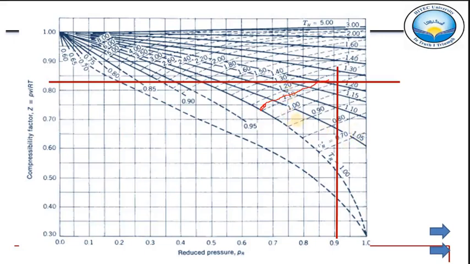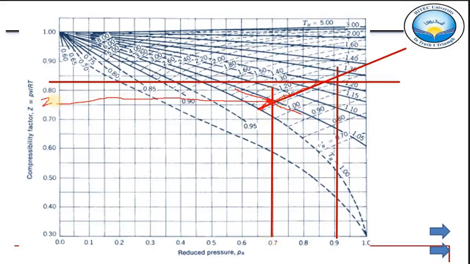This is 1.05, and our given TR is 1.04, like this. So this is the intersection, most probably. So this is VR line, and this is reduced temperature line, and here is the intersection, and from there you can draw a vertical line to read Z, or you can draw a vertical line.